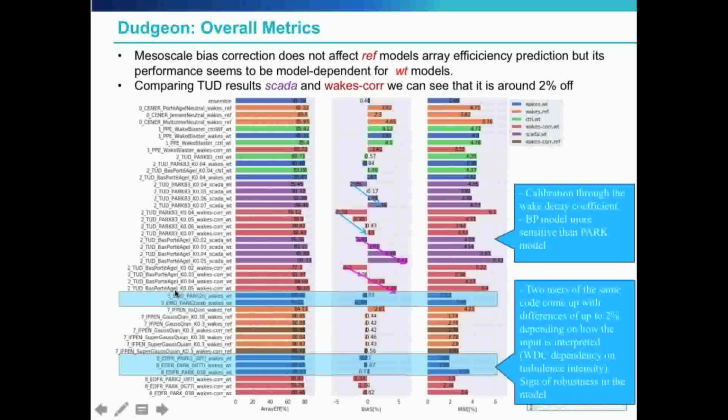For example, these two participants were using the same model from WindPRO, and we could see that it's a very robust tool. You can see that they arrive at more or less the same results.